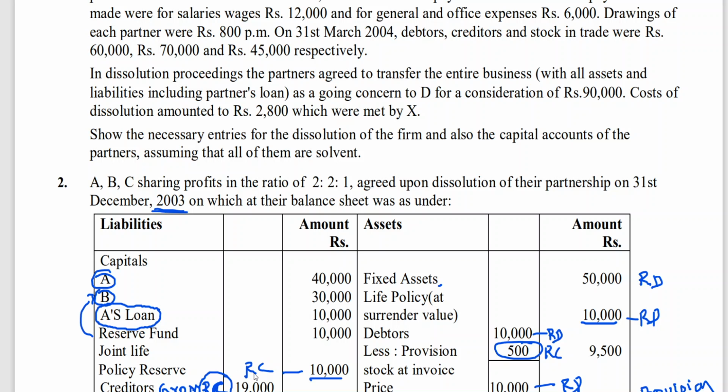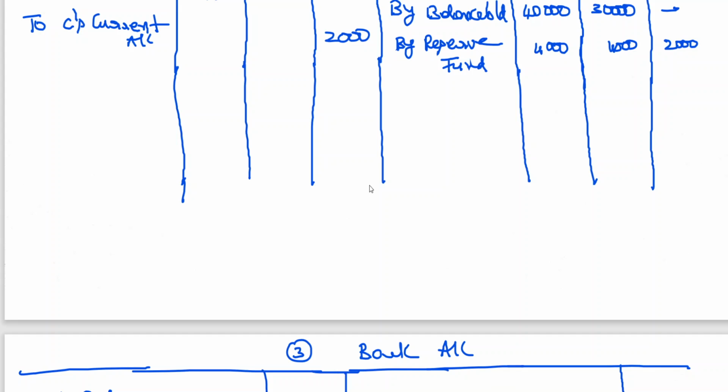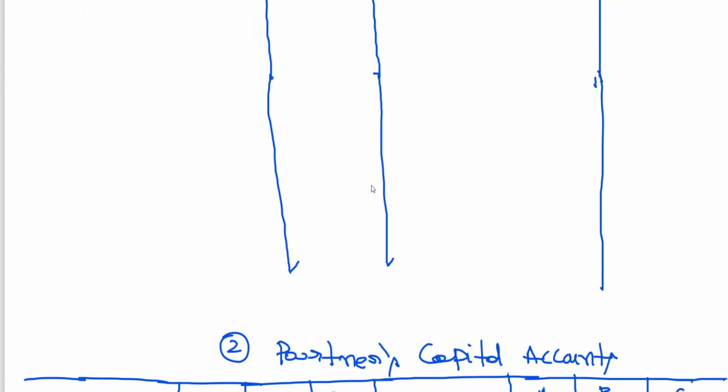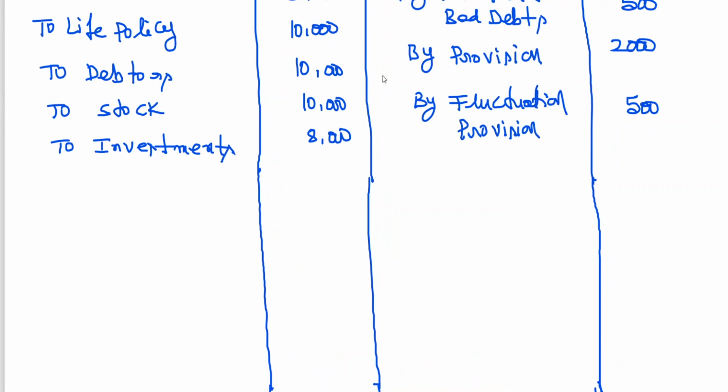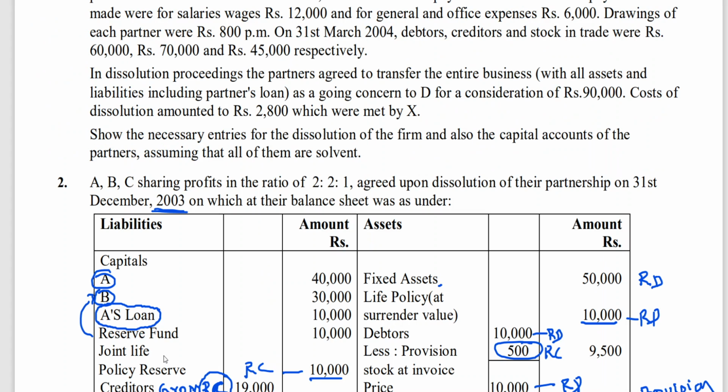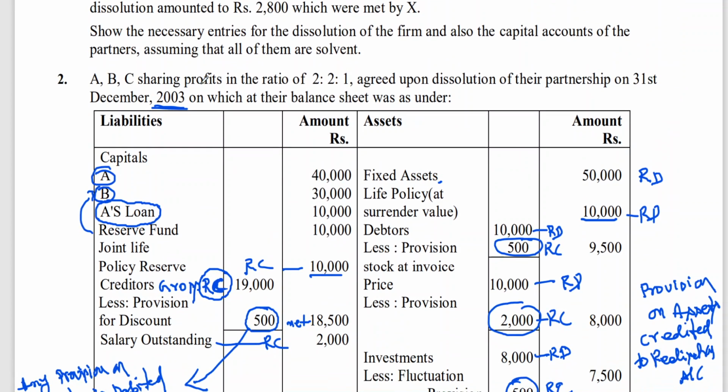Next, I told you joint life policy reserve 10,000 will be transferred to realization account. So this is a very unique problem where we are having assets as well as reserves on assets. Gross value will be taken to the debit side, reserves will be taken to the credit side. Then next after that, we are having creditors. About creditors, as I told you, the gross amount will be taken to the credit side, provision will be taken to the debit side.